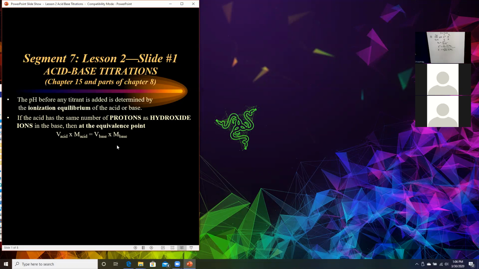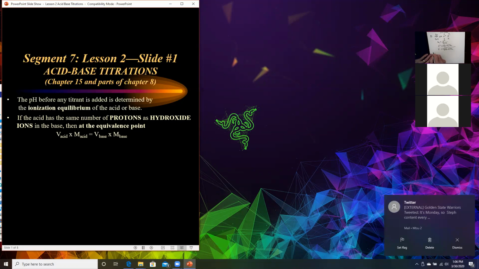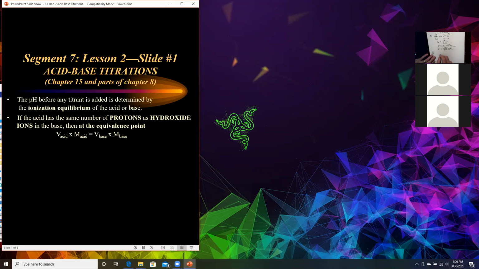So this is what happens when you start adding a base to this. We're going to do other points like this, and what we're going to do is have the HA reacting with hydroxide ion.